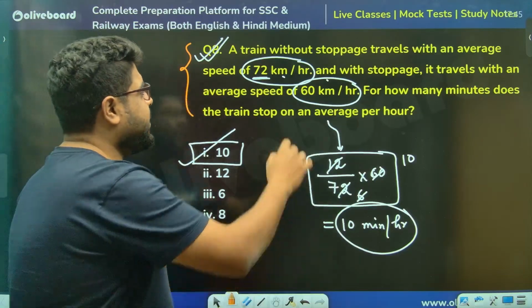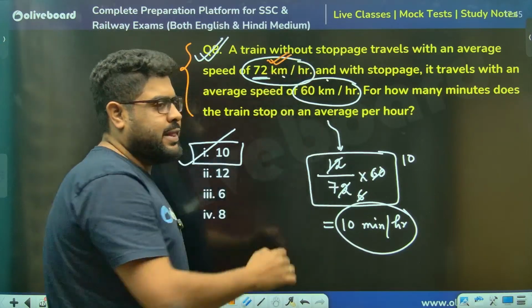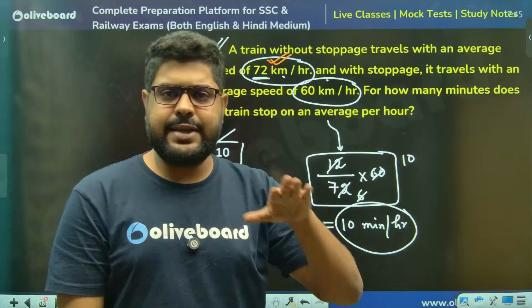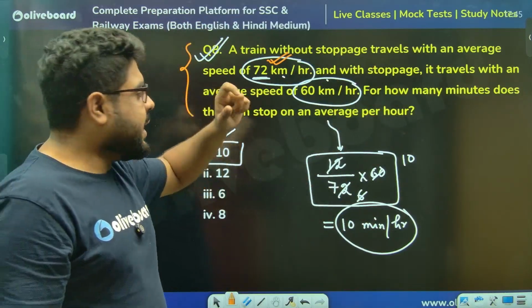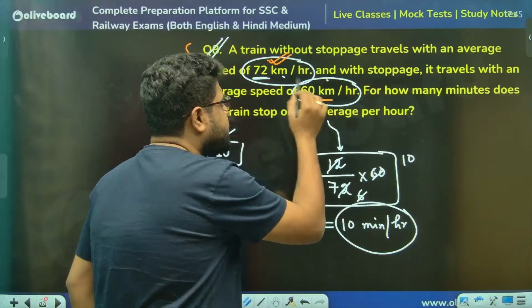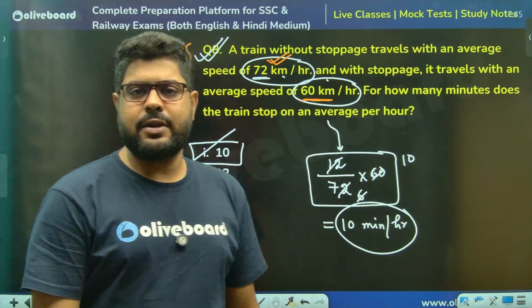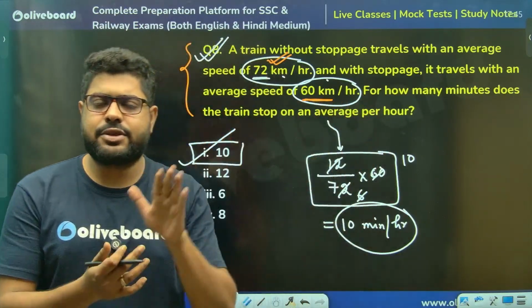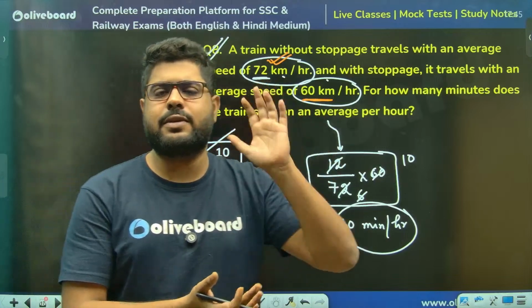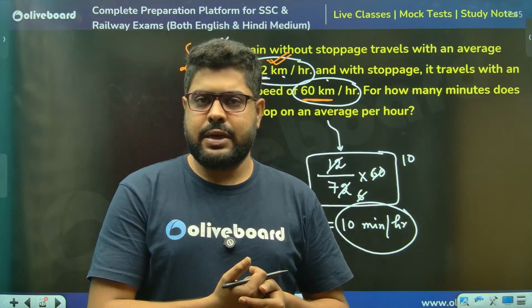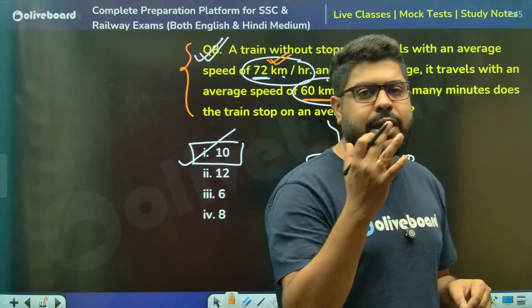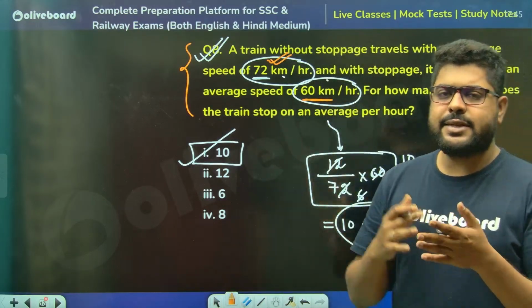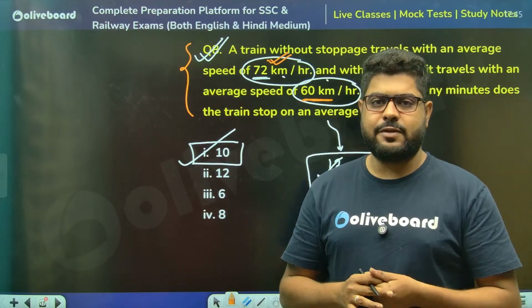So 72 is the actual speed. When the train is moving, it is moving with a speed of 72 kilometers per hour. But why is it now being reduced to 60 kilometers per hour? Because sometimes the train is stationary at the stations. You think like this. Yes, Immortal, correct. Rajdhani Express travels at say 100 kilometers per hour.